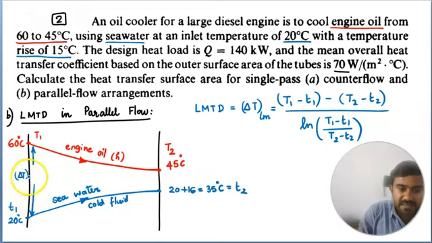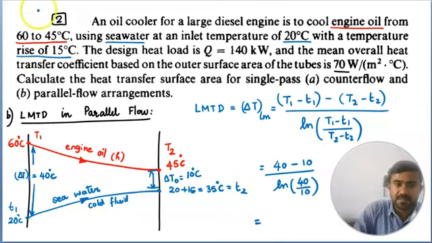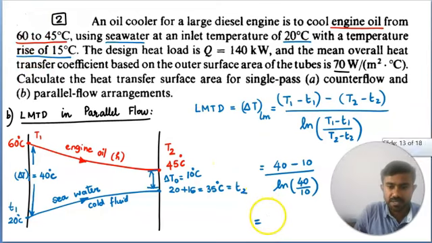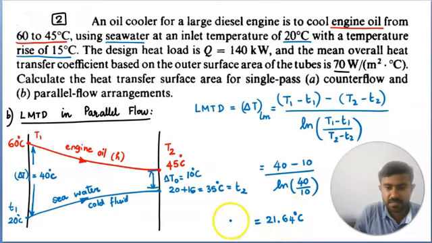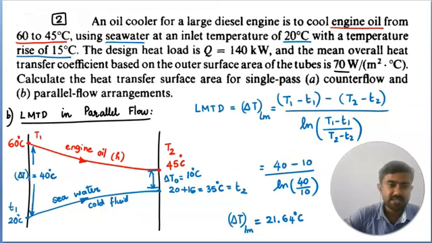At the inlet, the temperature difference is 40 degrees Celsius and delta T at the exit is 45 minus 35, 10 degrees Celsius. So I could directly write it as 40 minus 10 by log of 40 by 10. And this happens to be 21.64 degrees Celsius.